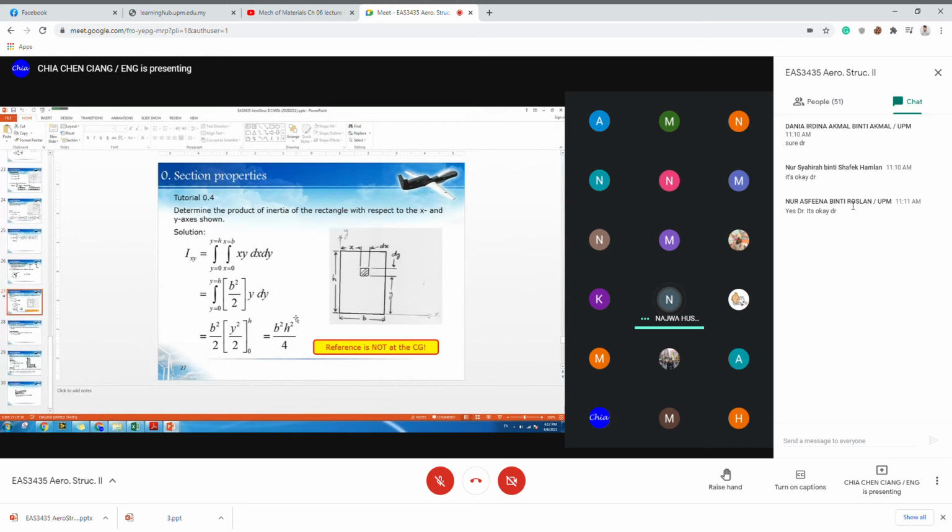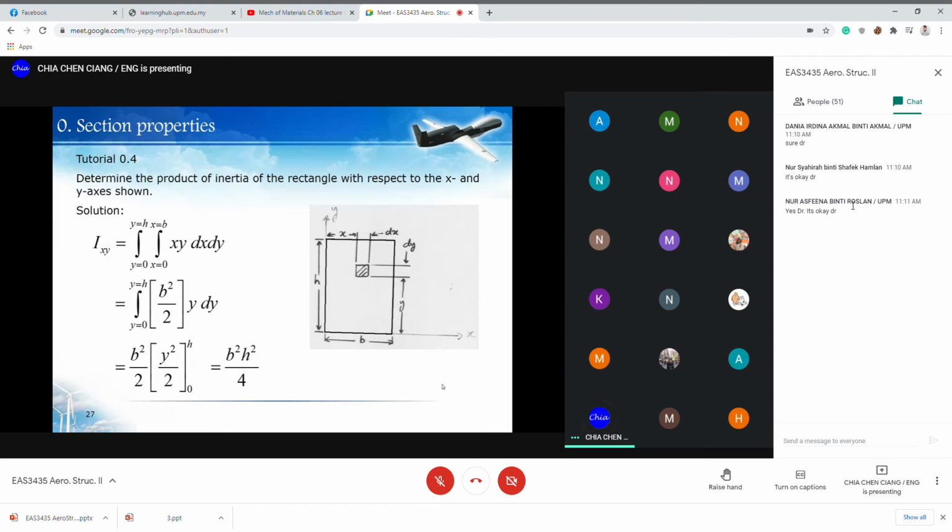Okay, I want to warn you or remind you, whatever Ixy that we calculate, we use the equation Ixy equals b square h square over 4 from the integration of this rectangular cross-section of a beam.